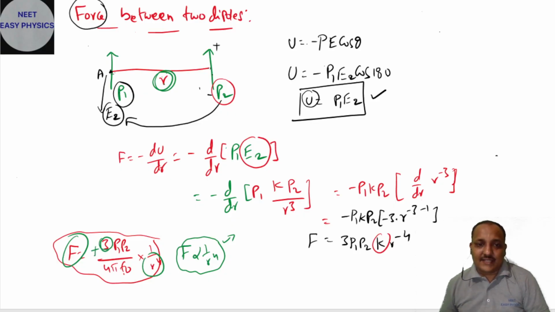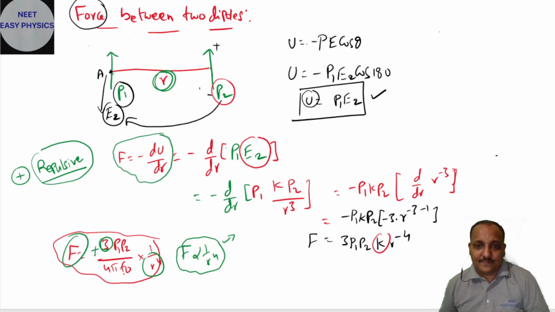Positive sign indicates the force is going to be repulsive. In gravitation we said negative means attractive, positive means repulsive force. This relation we also gave according to the potential gradient. Potential energy gradient is nothing but force.